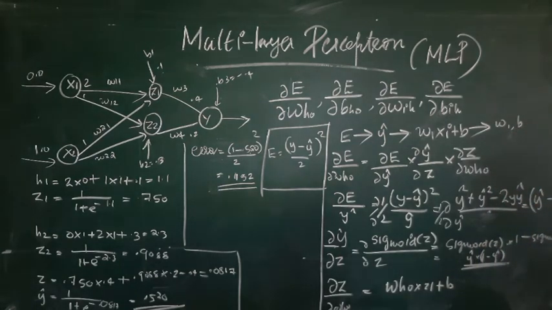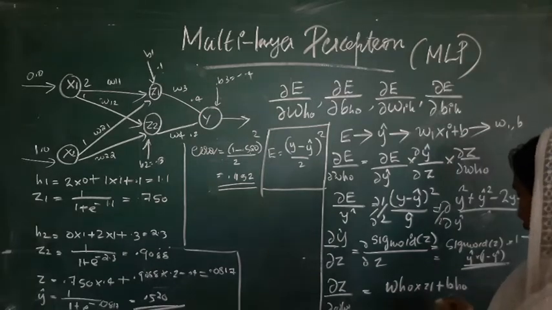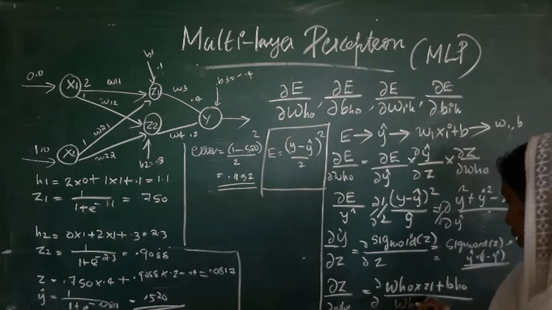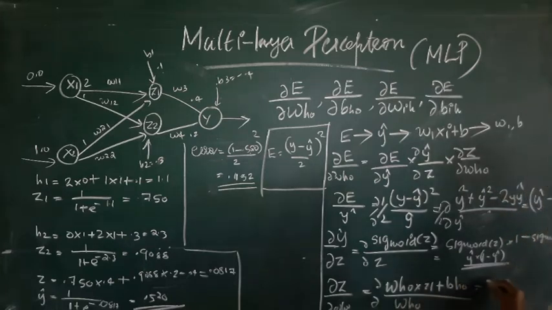This derivation is found with respect to W_HO, and when we apply the derivative, the result will be Z1.